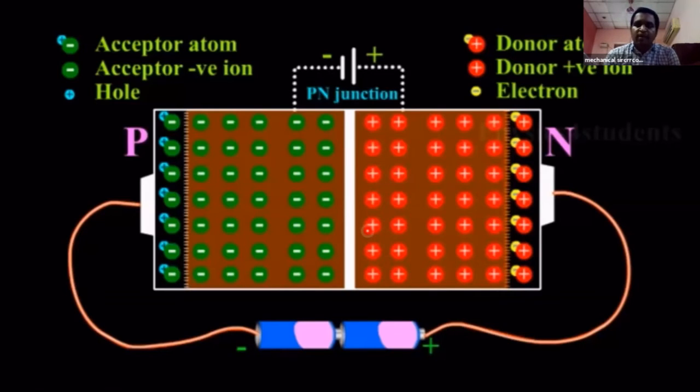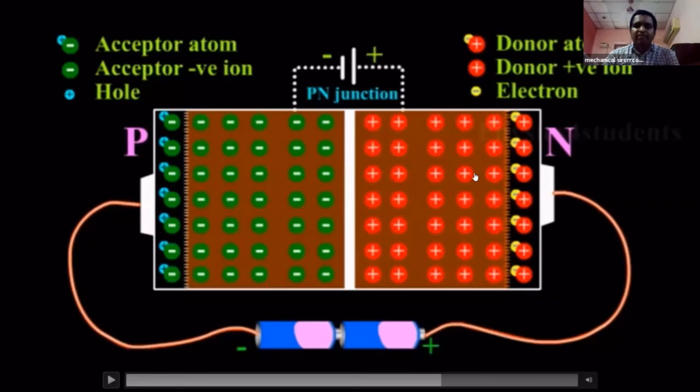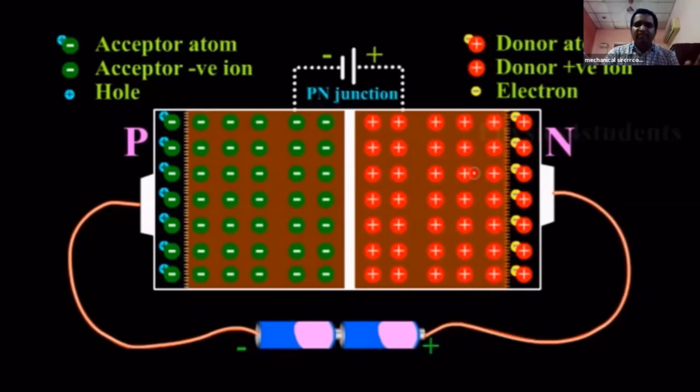So this current is called reverse saturation current. This reverse saturation current is due to the minority carriers in the n-type and p-type material. It is a very small current. This is called a PN junction connected in reverse biasing. In reverse biasing, it acts as an insulator, but a little current flows in the reverse direction due to minority carriers.